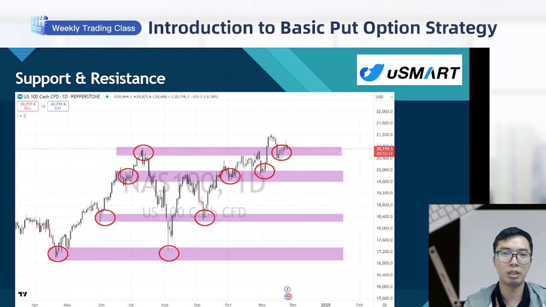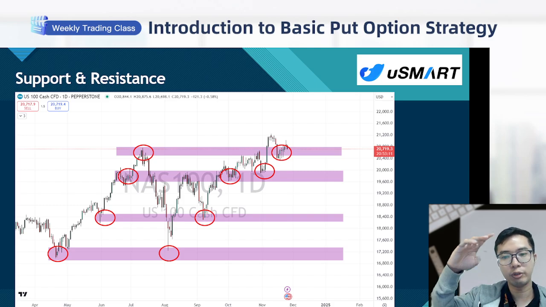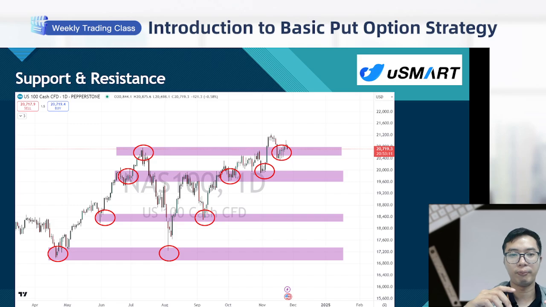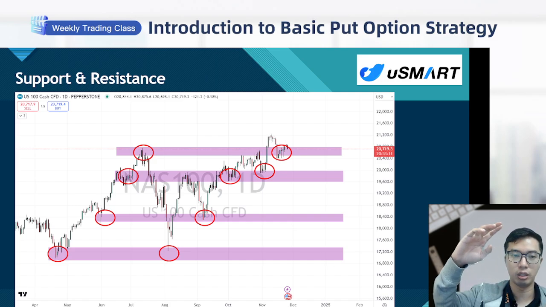So next, the very famous technical analysis is support and resistance. So what is support and resistance? You can see when the price falls down, it will have support there, and when the price hits a certain price, it will have resistance.